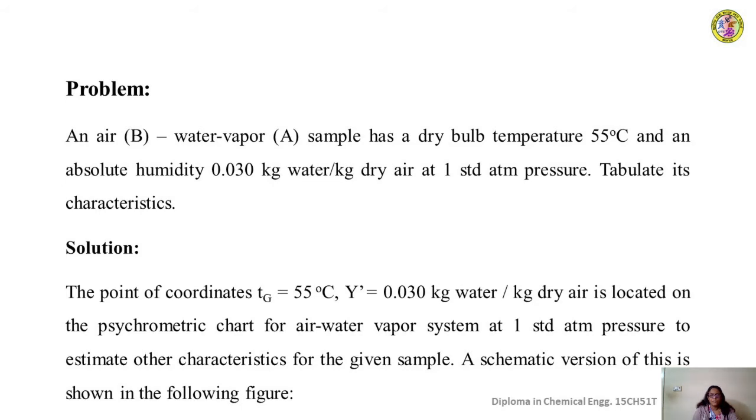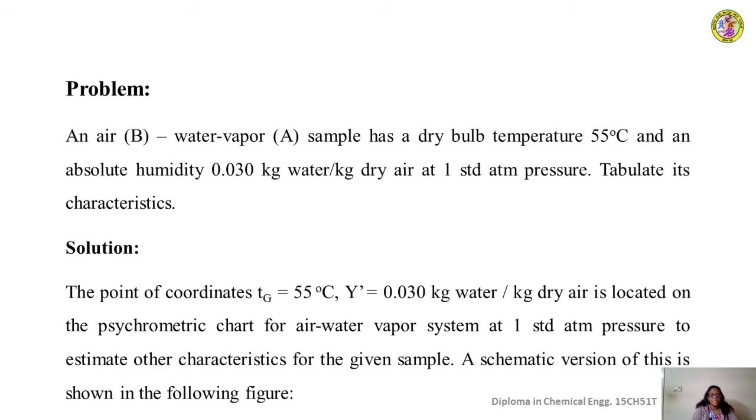Using these two values, you can read the other characteristics from the humidity chart that is plotted for air water vapor mixture at 1 standard atmospheric pressure. So for solving this problem, you require a humidity chart prepared at 1 standard atmospheric pressure. Then all the characteristics that you read on the chart will be tabulated as a result.